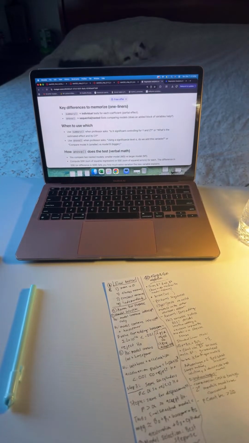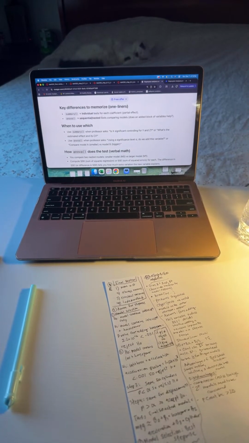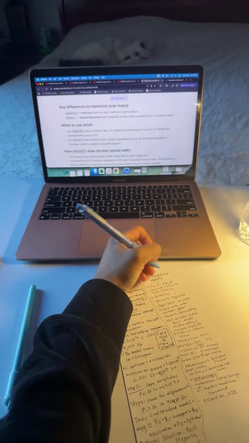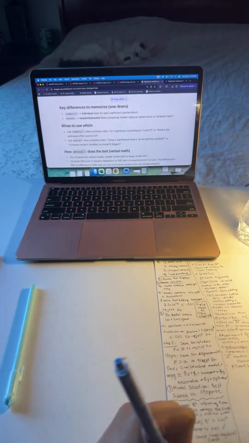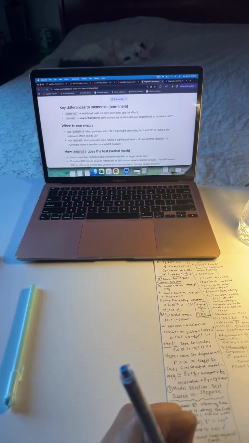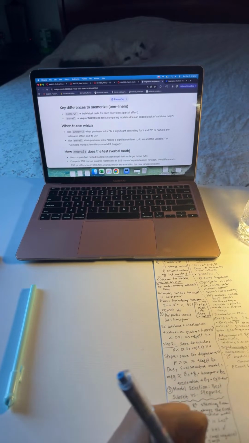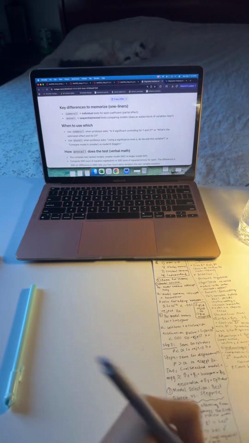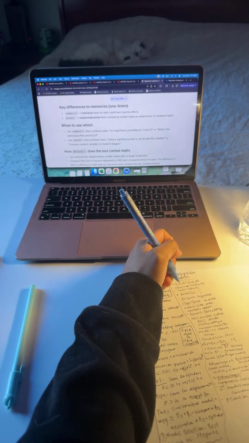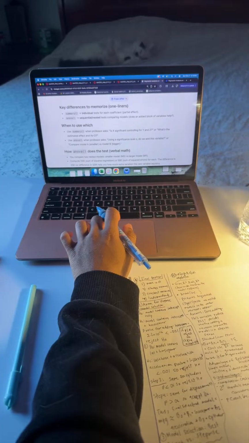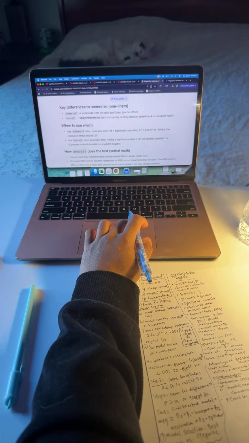Individual test for each coefficient. ANOVA, nested test between models.